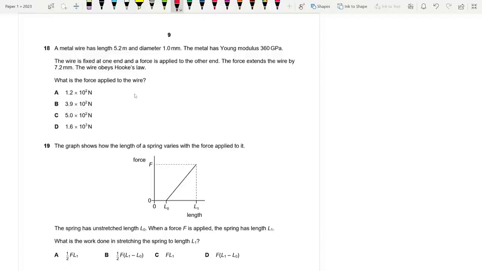So we know that the Young modulus is equal to stress by strain, or FL by Ae, right? Now we want to find out the force. So force is going to be equal to the Young modulus times A times the extension e by L. So 360 times 10 to the power 9 times the area. We have the diameter, so we can find out the radius. It is 0.5 millimeter.